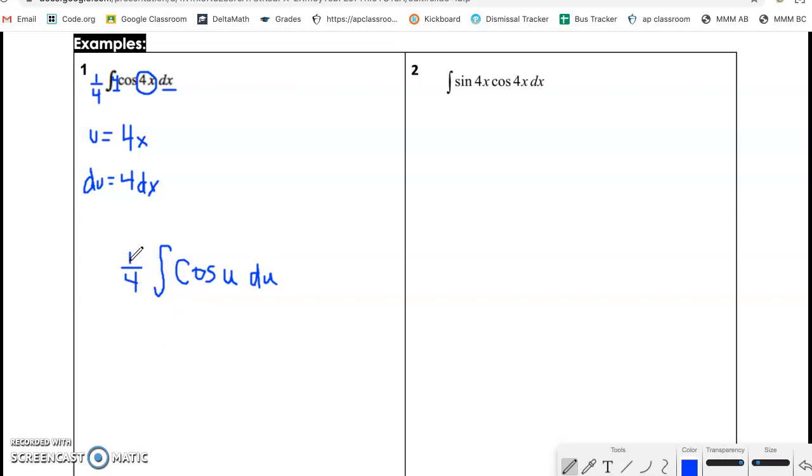Now I take the antiderivative of this, and the 1/4 stays the same. The antiderivative of cosine is sine. Then the u comes in, the du goes away, and we now have plus c.